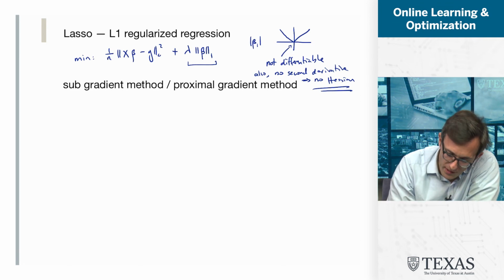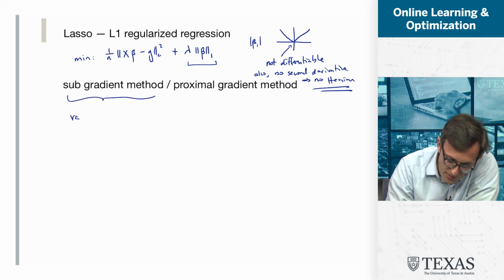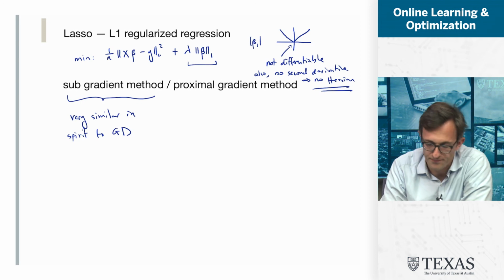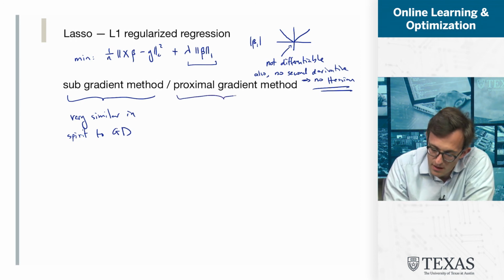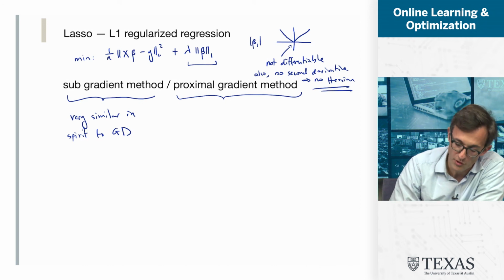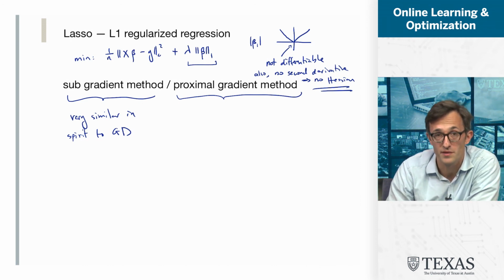But what we're going to compare here is the subgradient method, which is very similar in spirit to gradient descent, and another method called the proximal gradient method. And we're going to cover both of these in more detail.